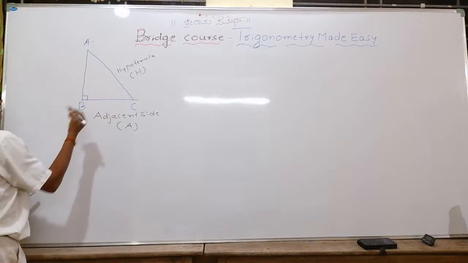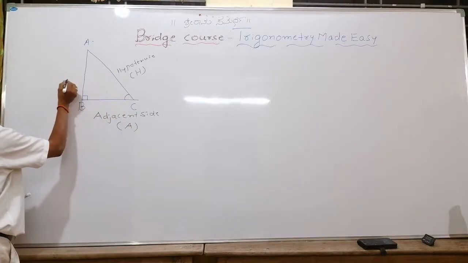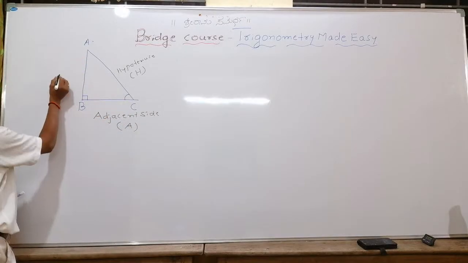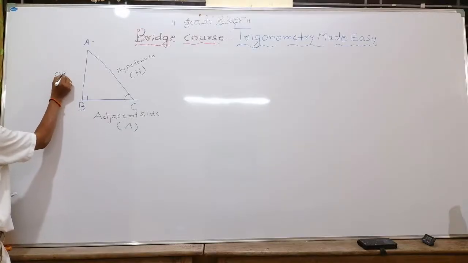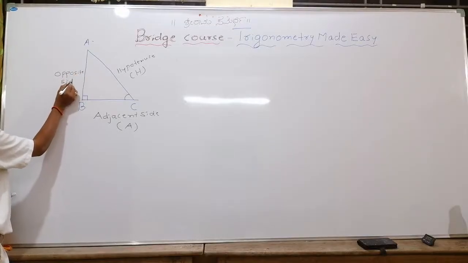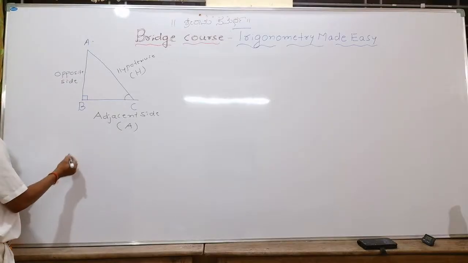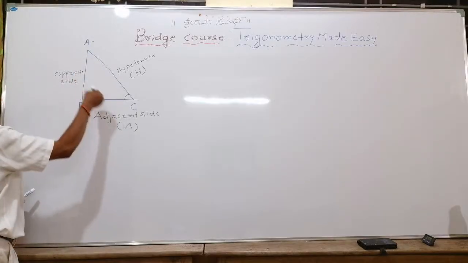And generally, if I take angle C, with respect to angle C, this is the opposite side or perpendicular, and we call it the opposite side, right? Okay. And if you take angle A, this will be opposite, this will be adjacent.